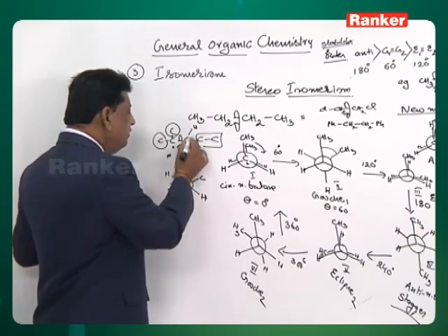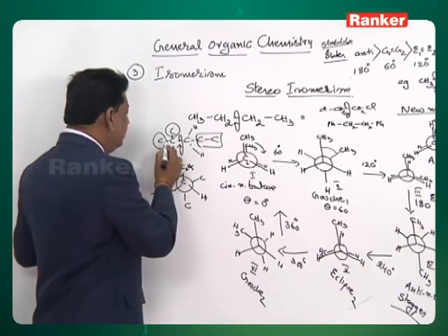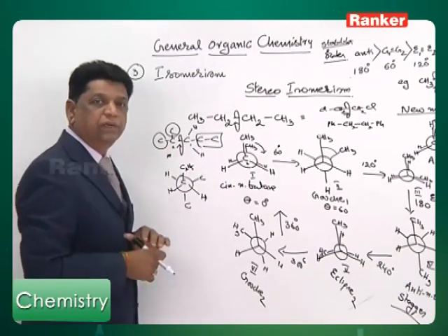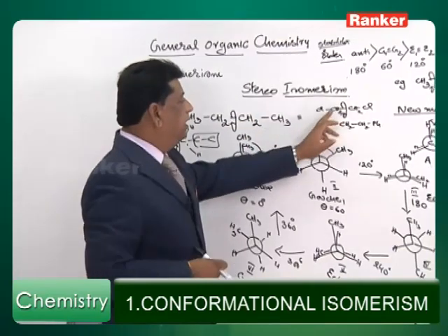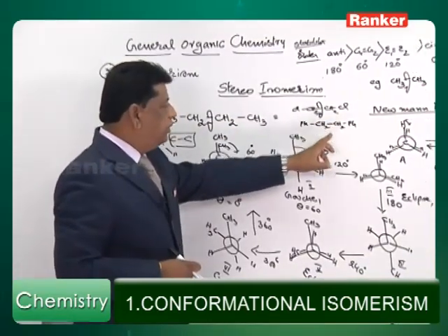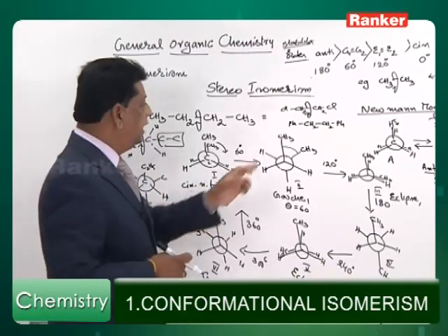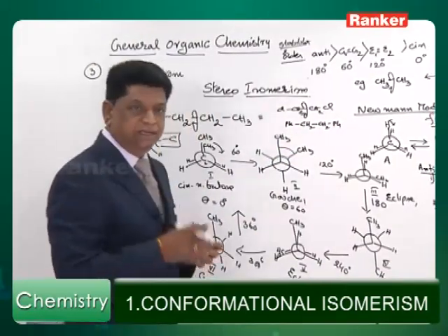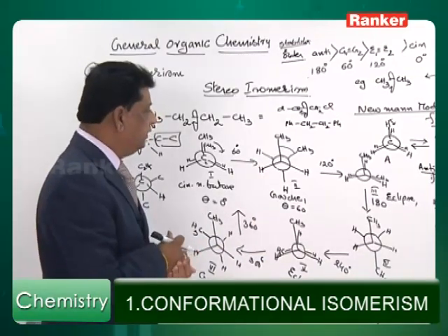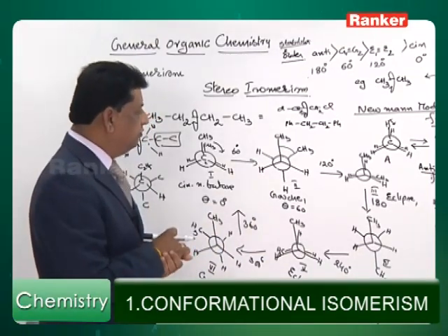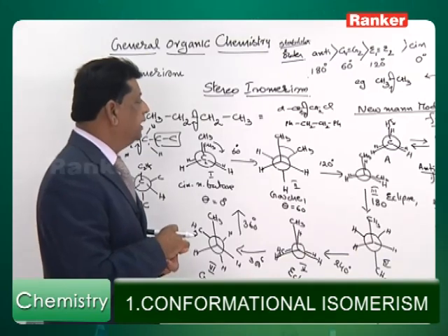I can rotate this one and that one and write the conformational isomers. But for a given compound like n-butane or dichloro, diphenyl, better rotate the center carbon and get all meaningful conformers, that is syn, Gaussian, eclipse and the anti-conformers, in which the anti-conformer will be the most stable one.